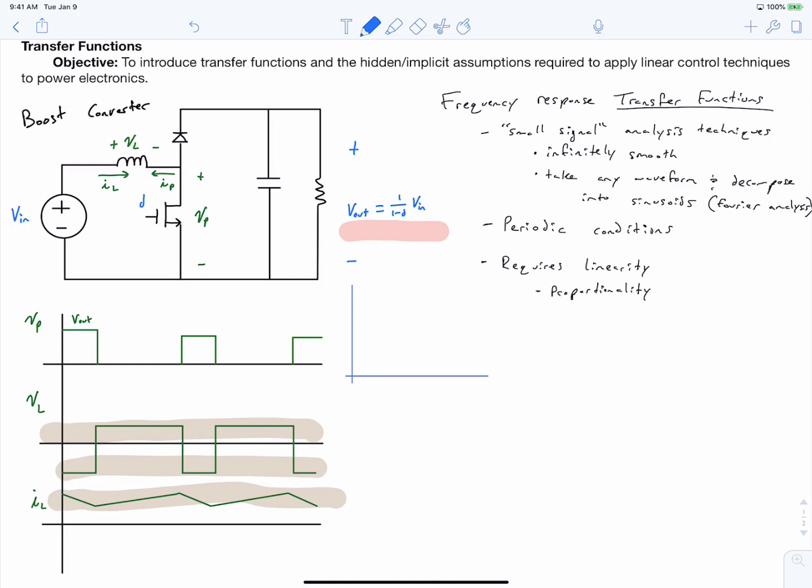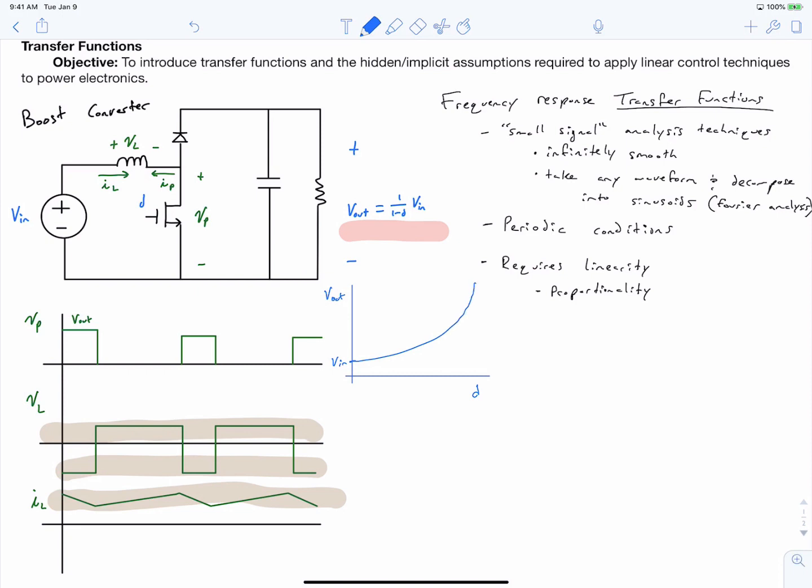So on the y-axis, I'm going to place our output voltage, and on the x-axis, I'll place the duty ratio and assume that our input voltage is fixed at some Vin value. When our duty ratio is 0, Vout is equal to 1 over 1 times Vin, or it's just equal to Vin. And as d increases, the output voltage will rise towards infinity. So we'll see some kind of trend like this.